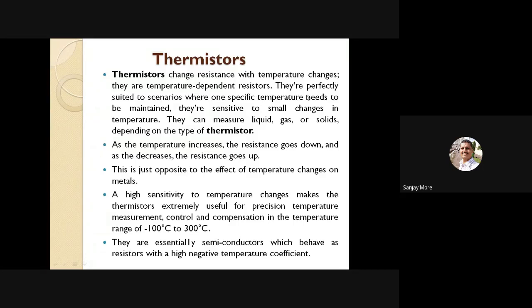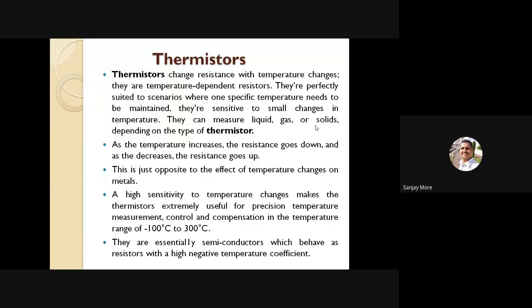They are perfectly suited to scenarios where one specific temperature needs to be maintained. They are sensitive to small changes in temperature. They can measure liquid, gas, or solids, depending on the type of thermistor. So thermistors are used to measure the temperature of liquids, gases, and solids.